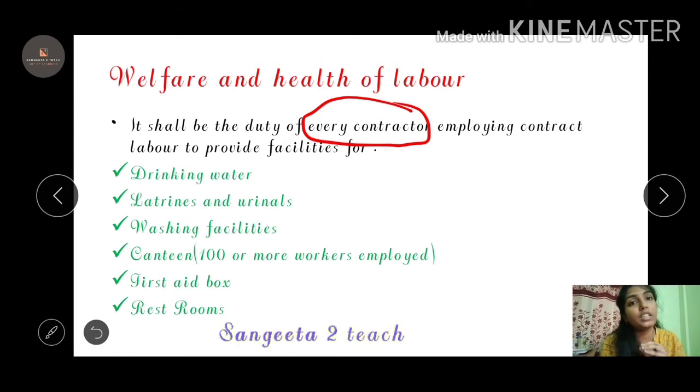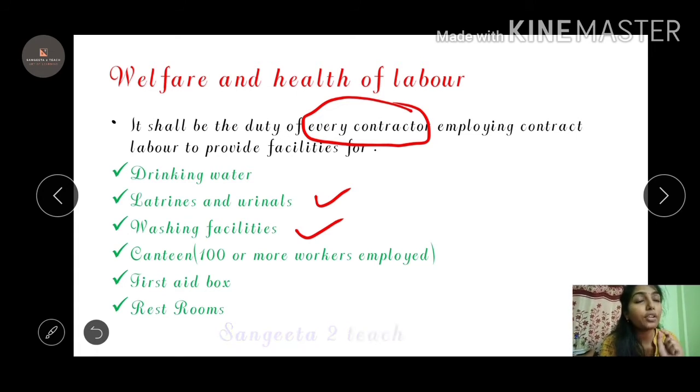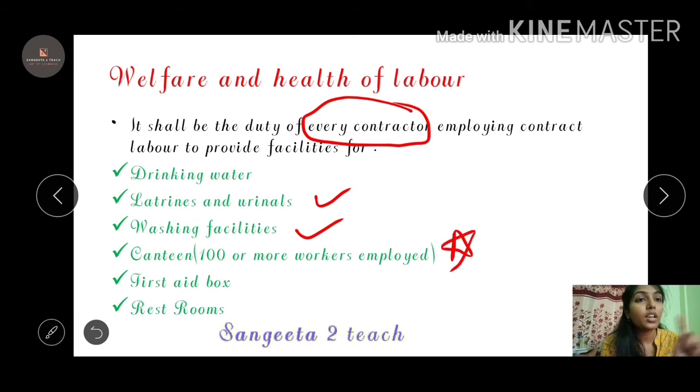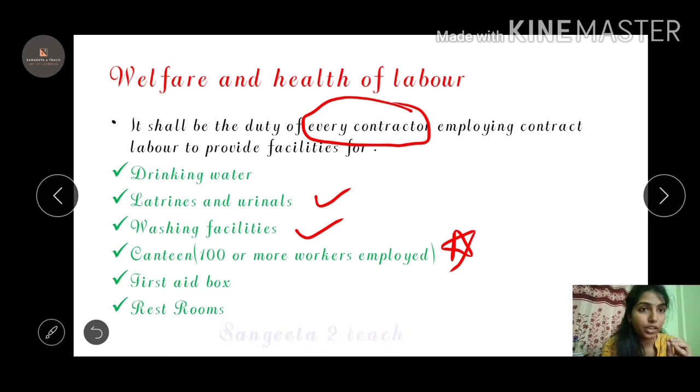What are the facilities included? The basic things: drinking water, latrines and urinals, washing facilities, canteen. If there are more than 100 people employed, then a canteen is required. Remember this point, 100, this has been asked. Okay, first aid, if there is some accident or some necessary immediate treatment, and they should be provided with restrooms. So these are included in the facilities.